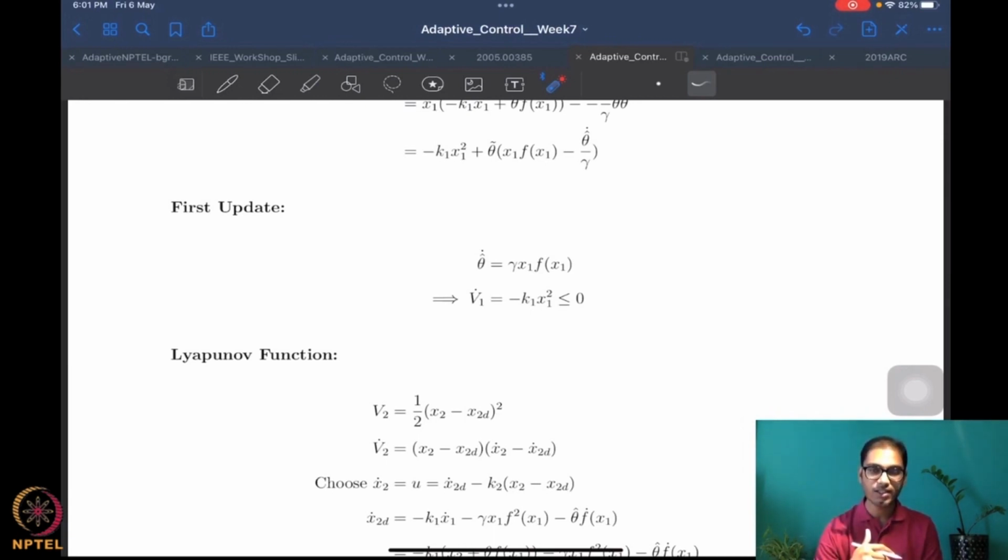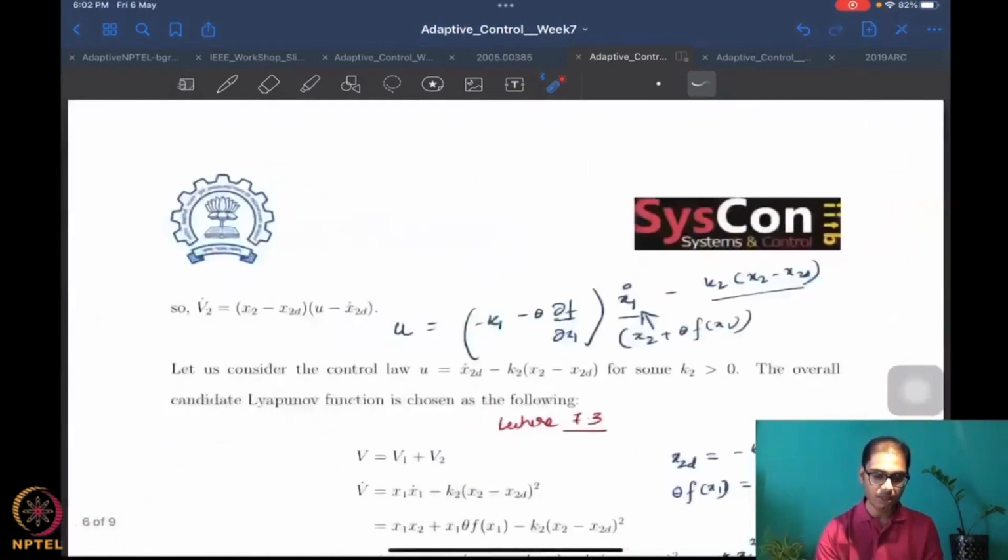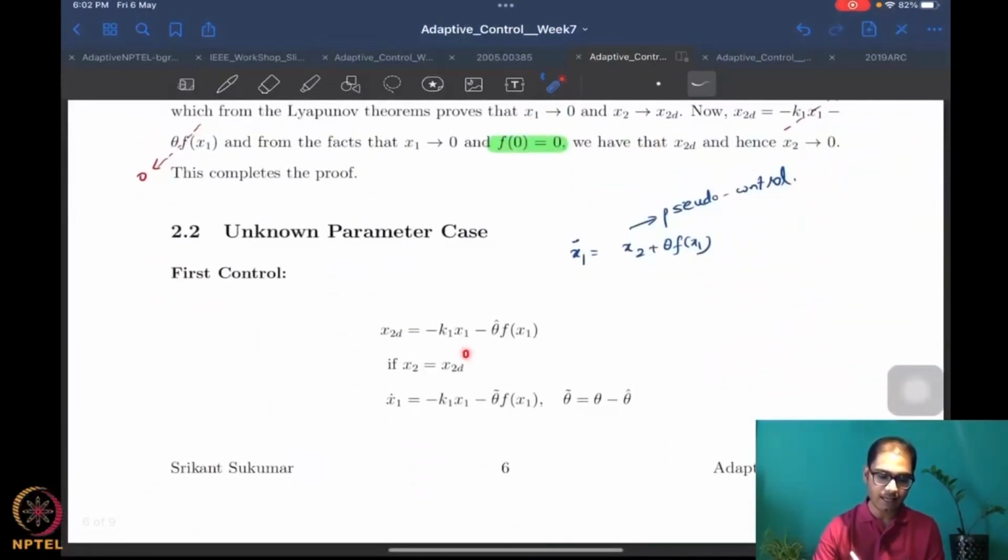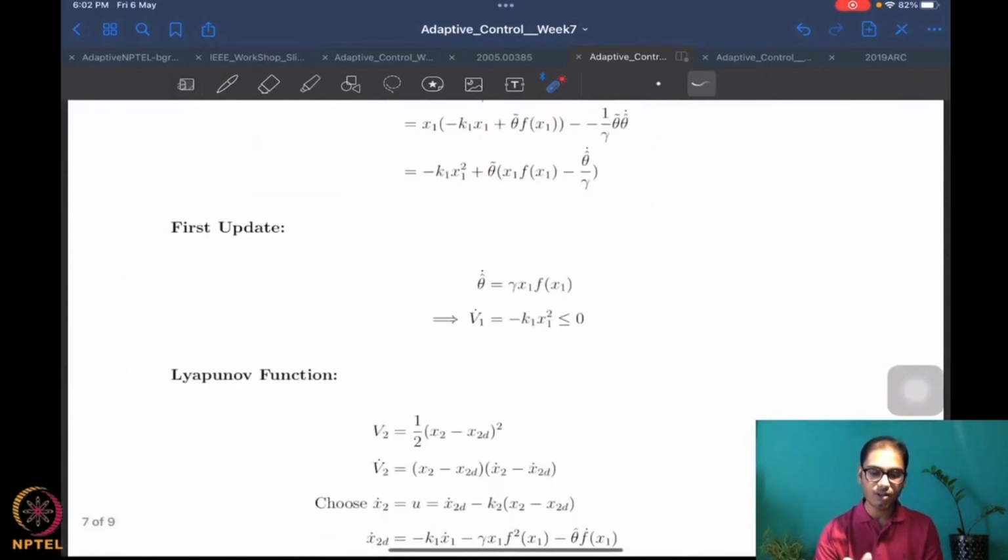In the matched case, when we took the V1 dot in the ideal circumstance, this is the ideal circumstance because x2 is assumed to be exactly x2 desired. So even in the ideal circumstance, V1 dot is coming out to be only negative semi-definite. Whereas in the earlier version, in the matched case, V1 dot came out to be negative definite. The expression was exactly the same, but there was no theta tilde state.